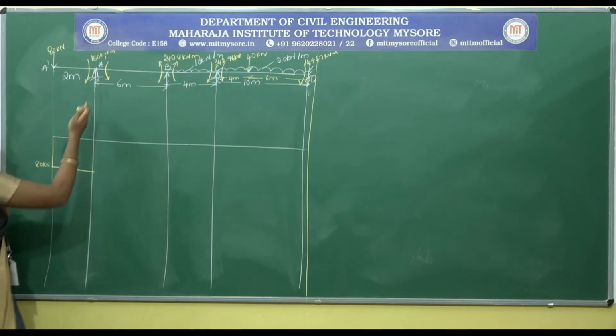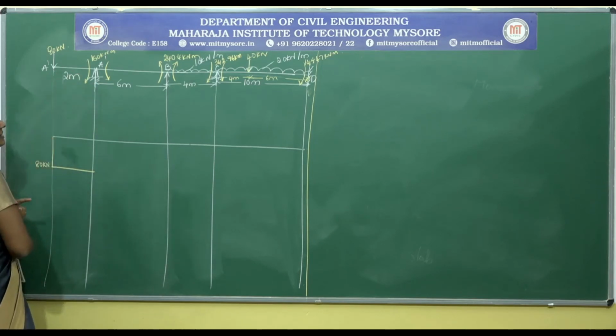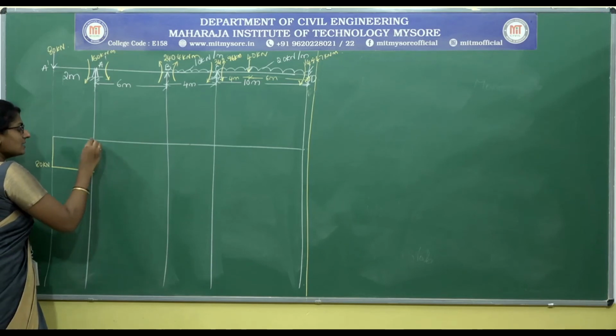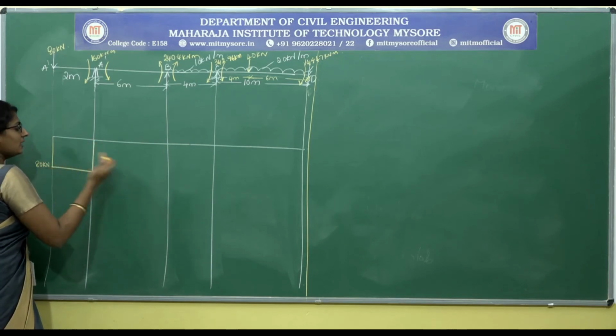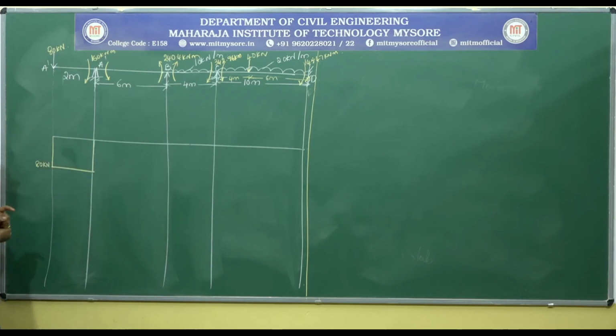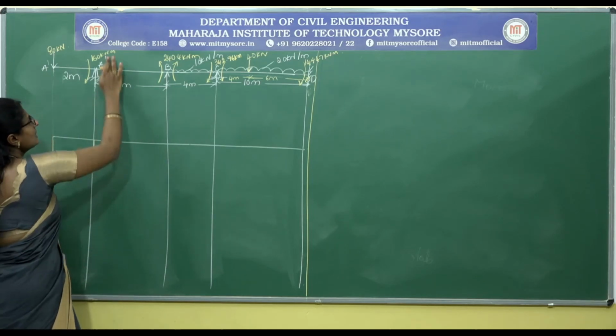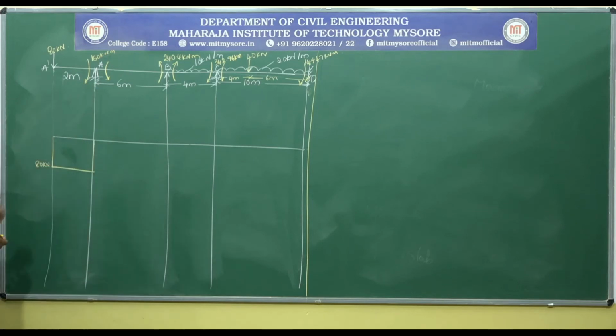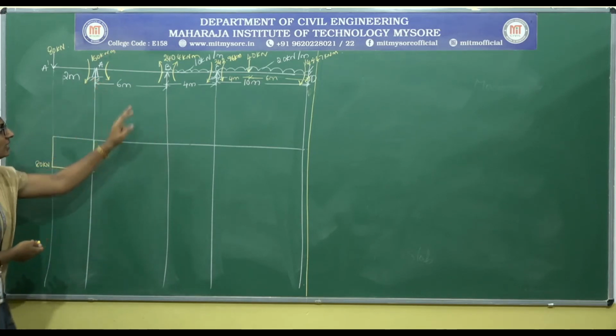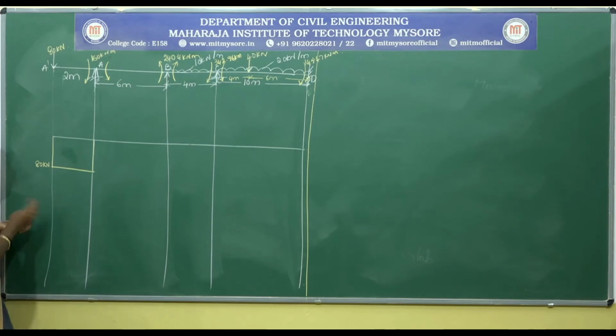Then reaction at AA dash, that is RAA dash, is again given as minus 80 and plus 80 will give you 0. Then reaction at the span AB, that is RAB, for the span AB, the reaction at AB is given by 66.73.